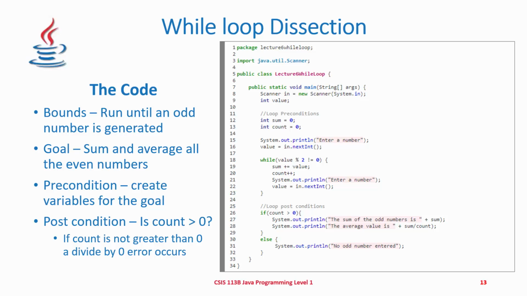If it is greater than 0, we go ahead and output the sum of the odd numbers is, and then the sum, and then the average value of our numbers, which is going to be sum divided by count. And then the else statement is just saying that no odd number was entered, right? So we've tested for that. We've allowed for that condition so that we don't have our program blow up with a divide by 0 error.